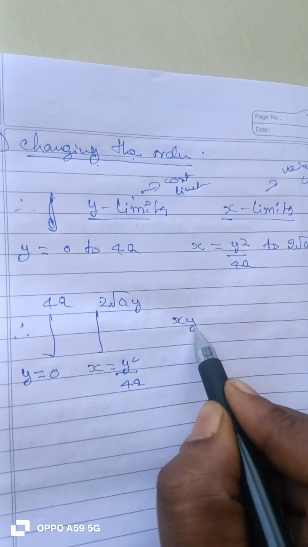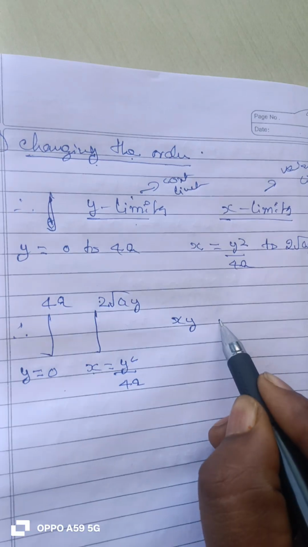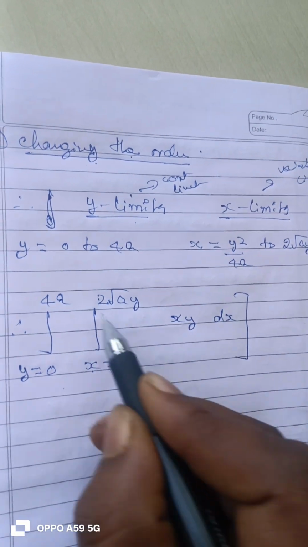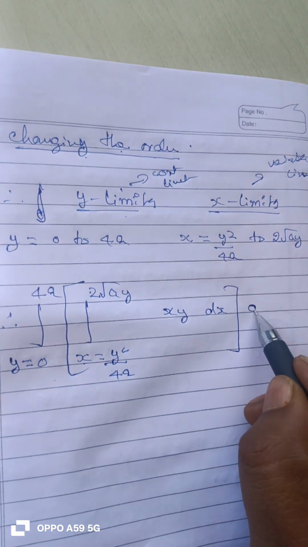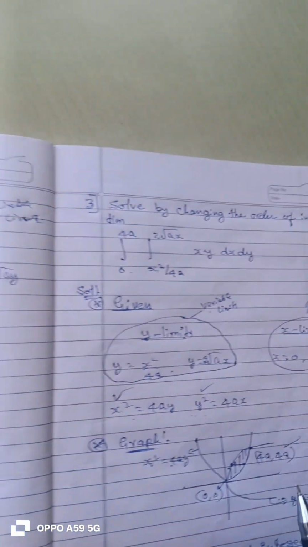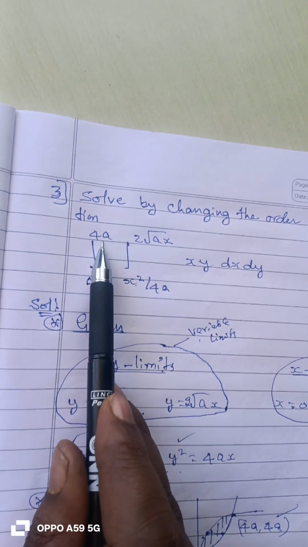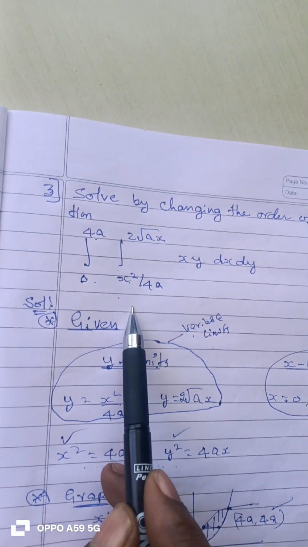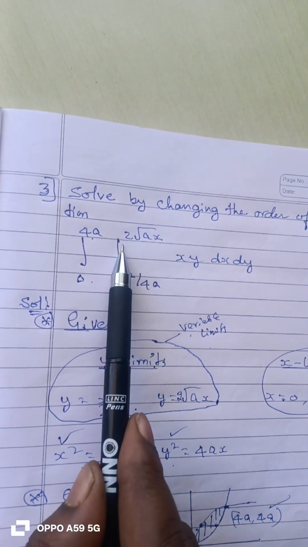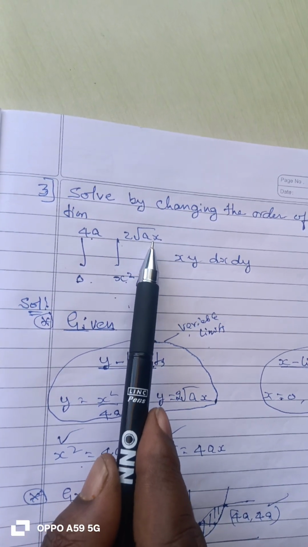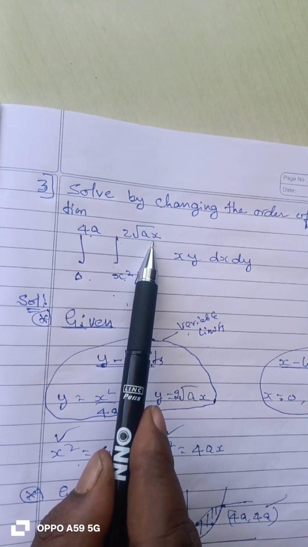The function is xy, so dx dy. You can observe the question: this is the question they gave, 0 to 4a, x square by 4a lower limit, upper limit 2 root ax. This is the y limit they gave in the problem.